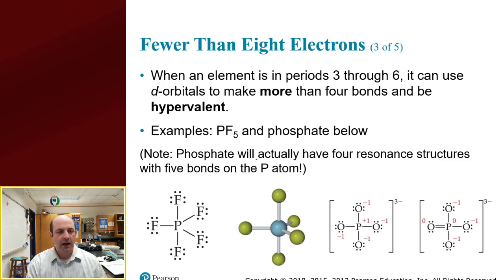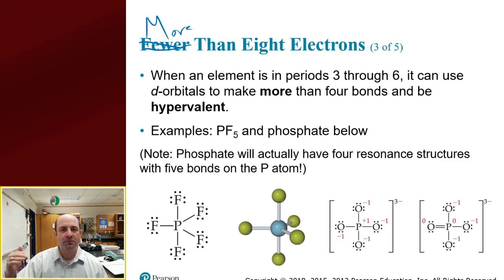All right. Let's see. If we have more than that, so more than 4 bonds, so I don't know, the title still says fewer, but let's switch that over. More than 8 electrons. What we say is that it can use d orbitals if it's in row 3 through 6. So this does not work for carbon, nitrogen, or oxygen. That doesn't work there.